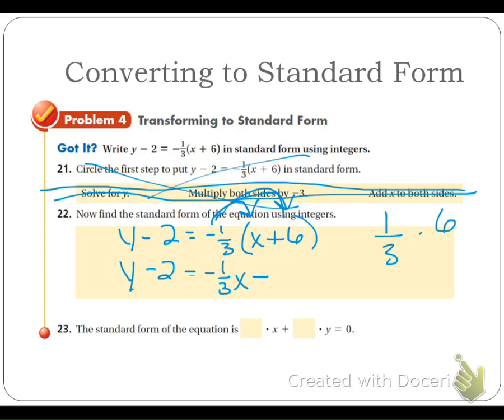1/3 times 6. Remember, when you multiply a fraction to a whole number, you just simply put a 1 underneath the whole number. You could either cross cancel or just simply multiply straight across and reduce. Let's do that for right now. So 1 times 6 is 6, 1 times 3 is 3, but that reduces, while 6 over 3 is just 2.